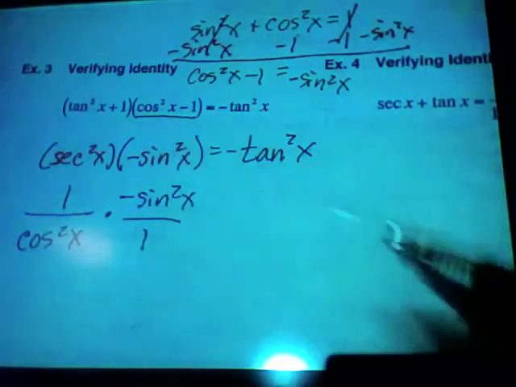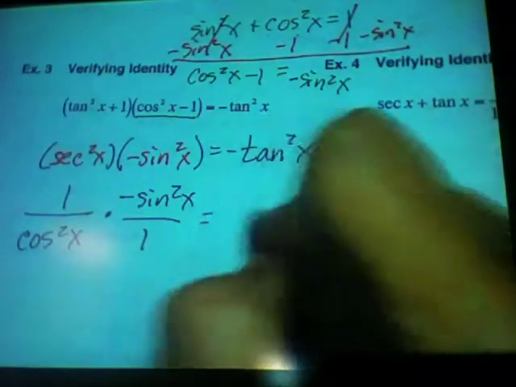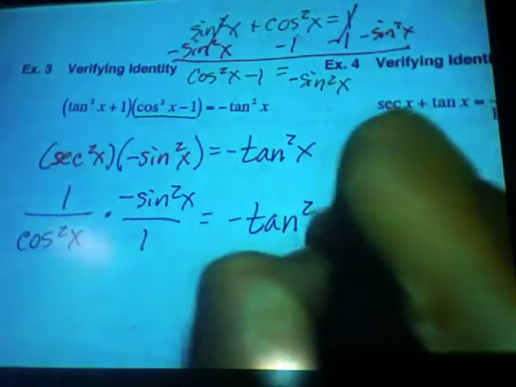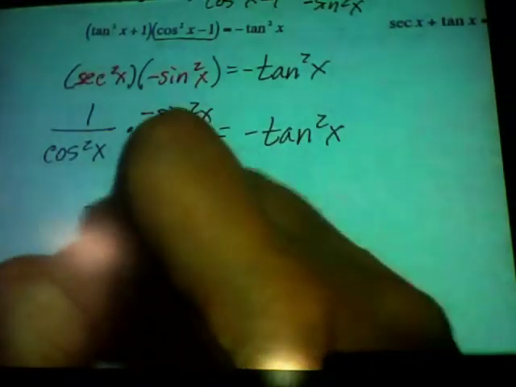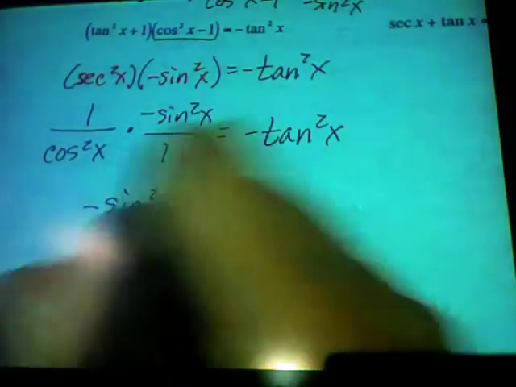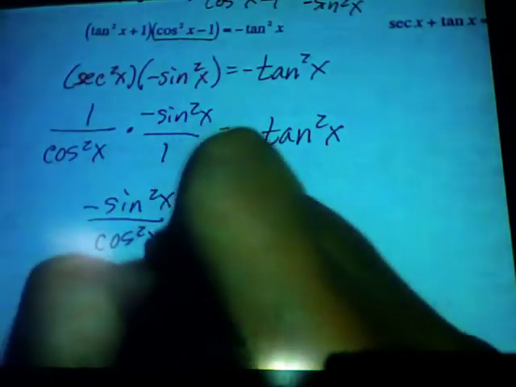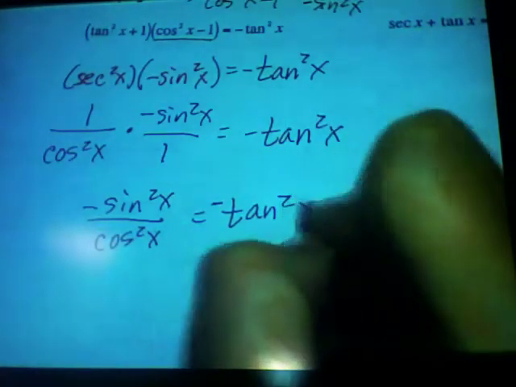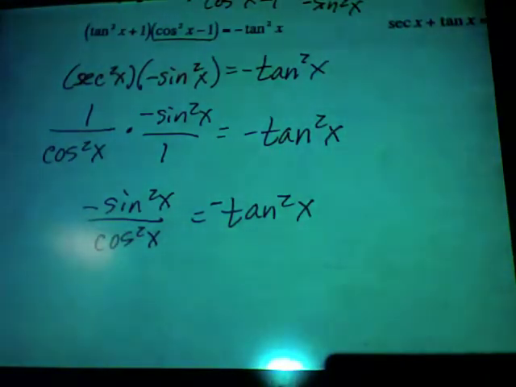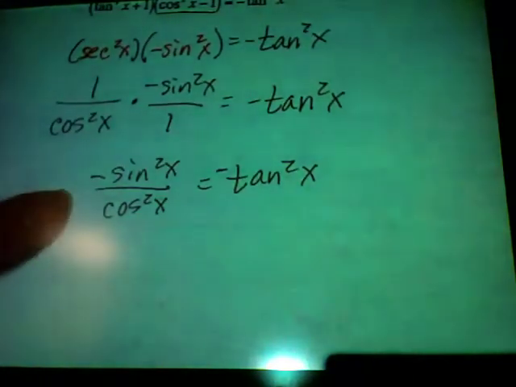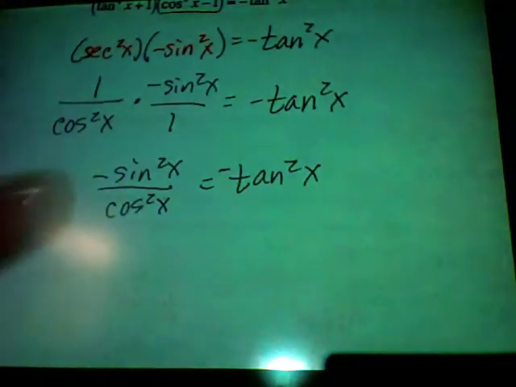I'm going to put that over 1 on purpose. Yep. So I would actually do one more step and combine them into one fraction. Because remember, you're trying to prove it to me. So more work is better than less work. And now can't I say that this is negative tangent squared x?